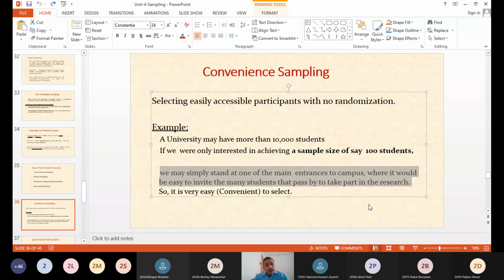In convenience sampling, we simply select those participants who are easily accessible. In this example, the researcher stands at the entrance of the university, and those who are passing by, he selects as the sample until he reaches the number 100. Therefore, this sampling method is called convenience sampling.